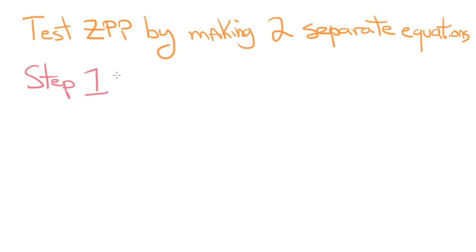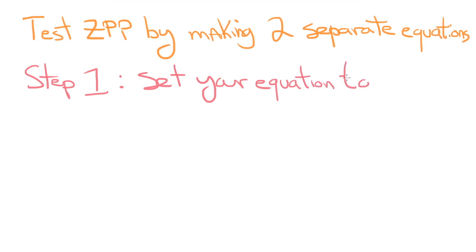We're going to do something that sounds really complicated: we're going to set your equation to 0. That sounds complicated, but it basically means you have to have something equal 0. Okay, so I'm going to give you just a little example here.